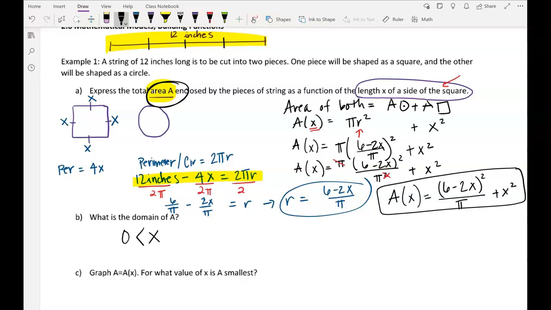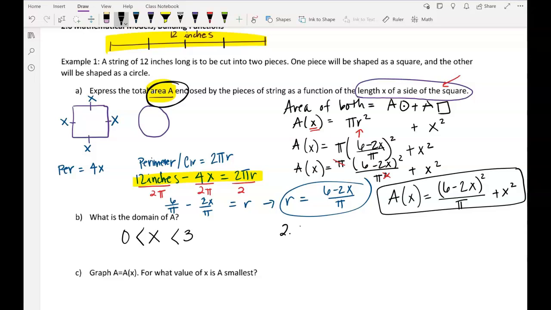So divide into 4. So the most this could be would be 3. Now, it can't be exactly 3. That's why I'm not using less than or equal to. It can only be 2.99999, right? Up to 3. Then whatever's left over could be used for the circle.